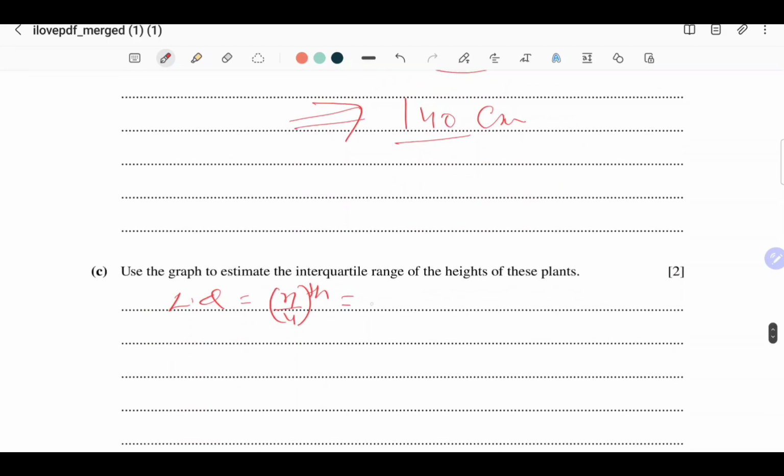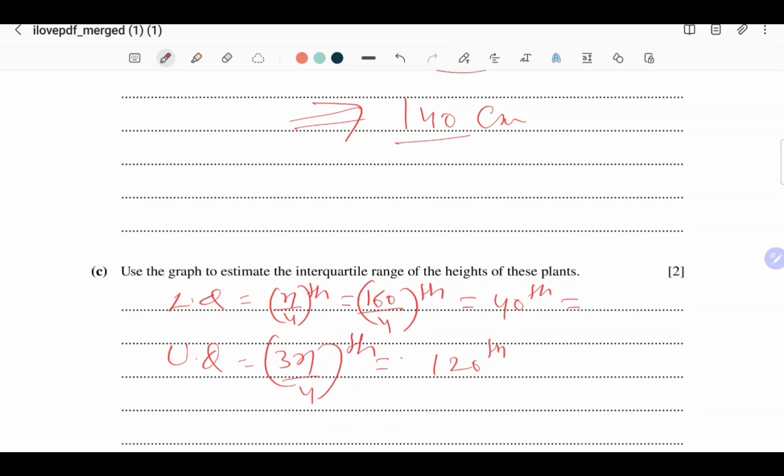So it is 160, right? 160 over 4th value, and what is that? 160 over 4, that is the 40th one. And the upper quartile is at 3n over 4th value. So 3 times 160 over 4, that is the 120th value.